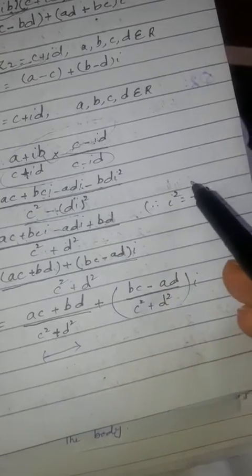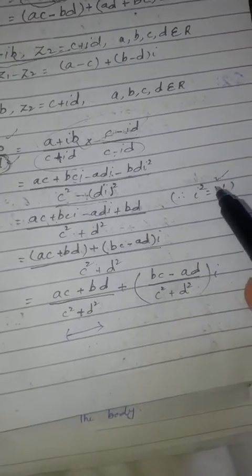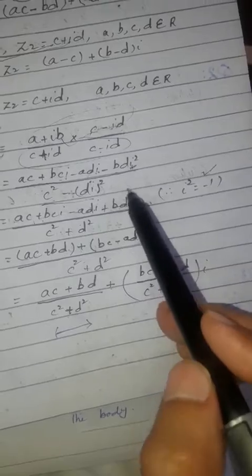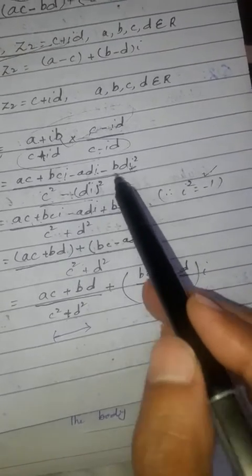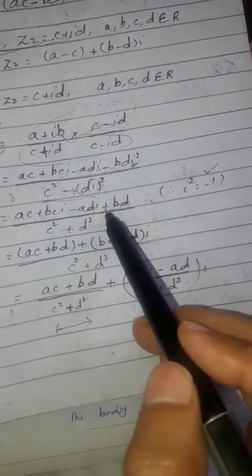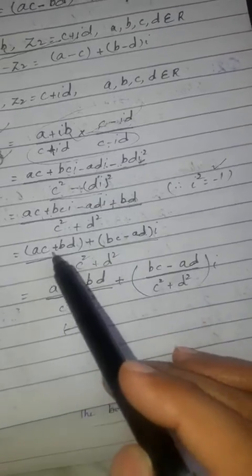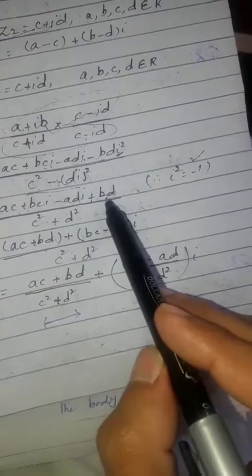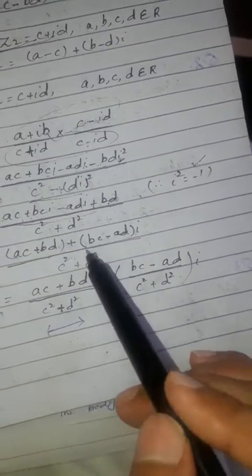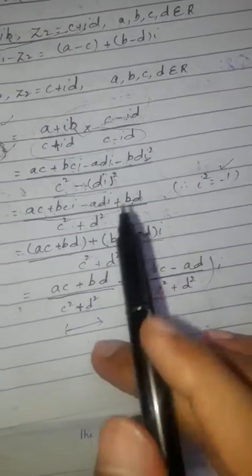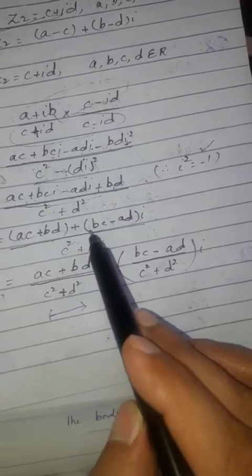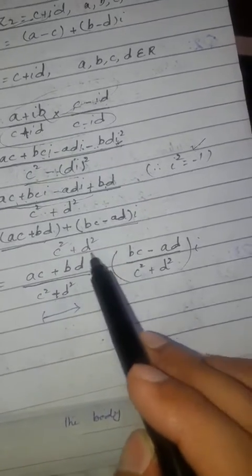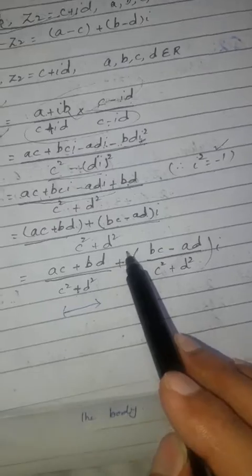So iota square is minus 1. Only putting the value of iota square here. This is minus 1 into minus, that is plus bd. Here this is ac plus bd. I am only combining the complex parts. So bc minus ad iota, divided by c square plus d square.